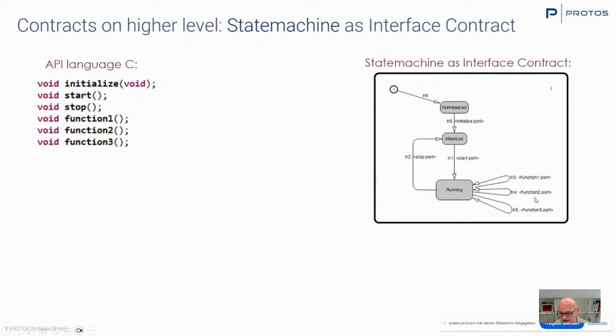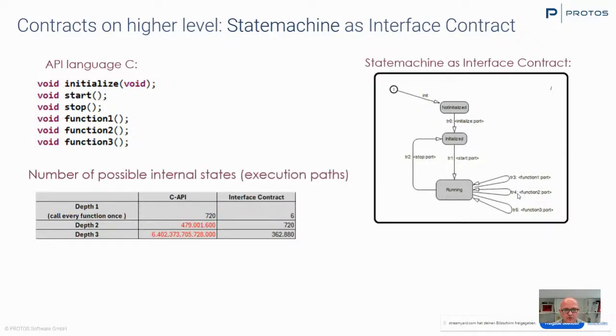So it's absolutely clear what has to be done. So you see already we have a benefit here: a very clear and formal, complete specification of the order of execution that's allowed. Everything else is forbidden.